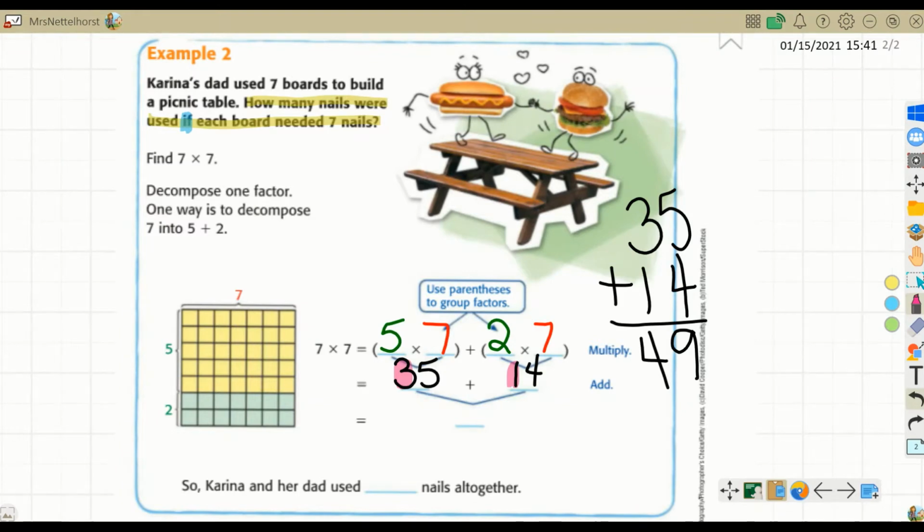And then I need to add the ones place. So I have 5 plus 4, which is 9. And 40 plus 9 is 49. So Karina and her dad used 49 nails altogether.